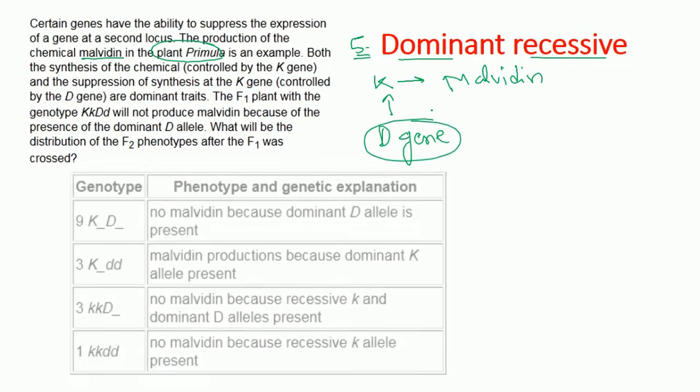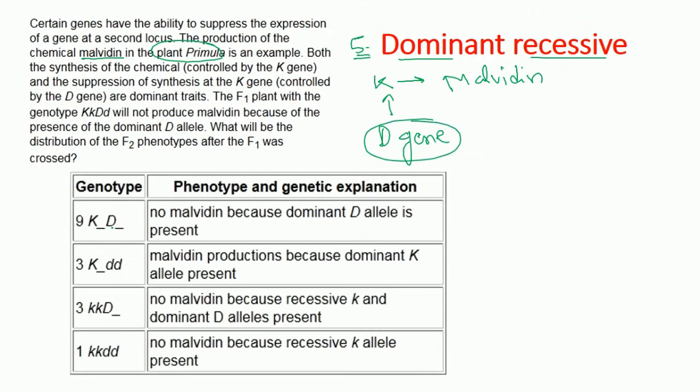So let me explain with the table. Here you see, if capital D is present, it is going to block the expression of malvidin production, because normally K produces malvidin. K is inhibited by capital D, so it is blocking the K expression.